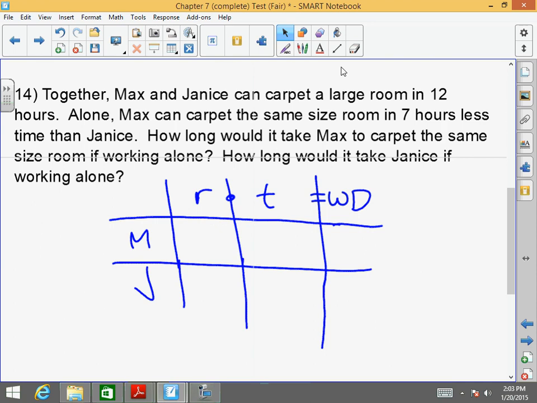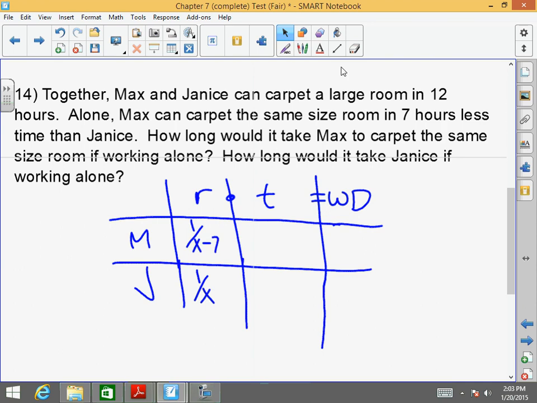Max alone can carpet the same size room in 7 hours less time than Janice. Does it tell you at all how fast Janice works? So isn't Janice 1 over x every hour? So if Max can do it in 7 hours less, wouldn't this be 1 over x minus 7?